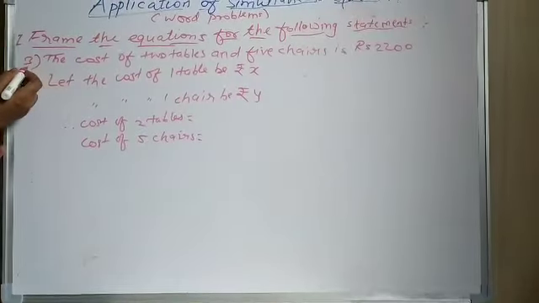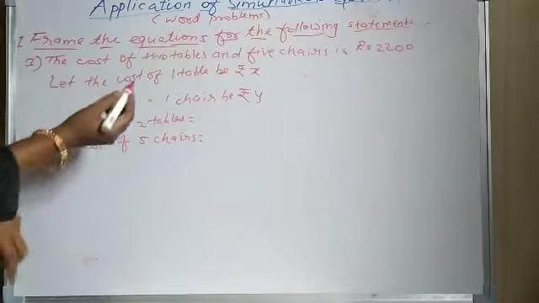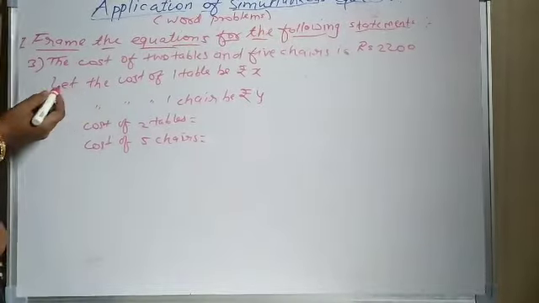Let us take the third example. The cost of 2 tables and 5 chairs is rupees 2200. Now how to frame the equation for this statement? Let the cost of one table be rupees x and let the cost of one chair be rupees y. Now see the sentence, the cost of two tables.